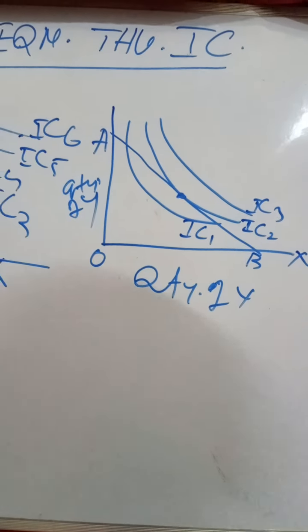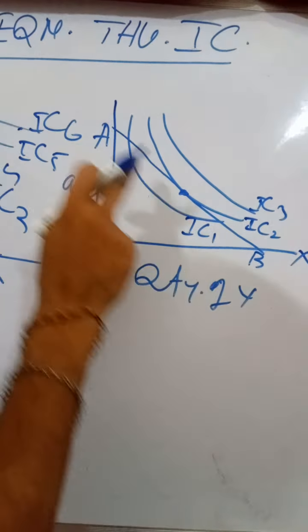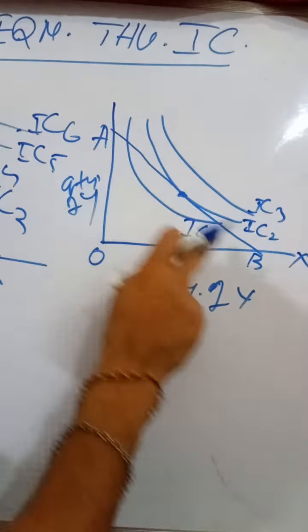Now you see, the budget line AB intersects IC1 at 2 points, here and here.